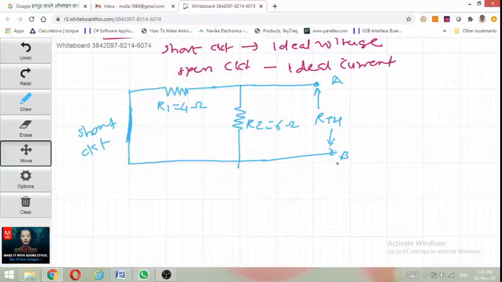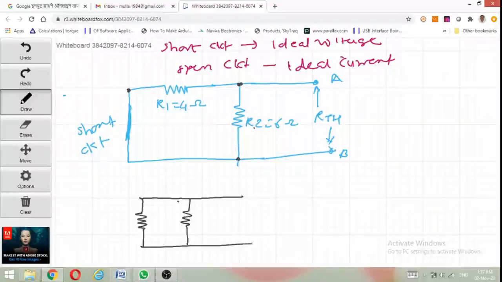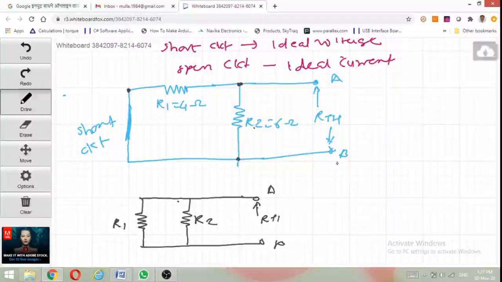Parallel means the two terminals of resistor R1 are connected to the two terminals of R2. That means these connections are parallel connections. So I simplify this diagram into this: this is R2 and this is R1, and these are terminals A and B, and RTH.